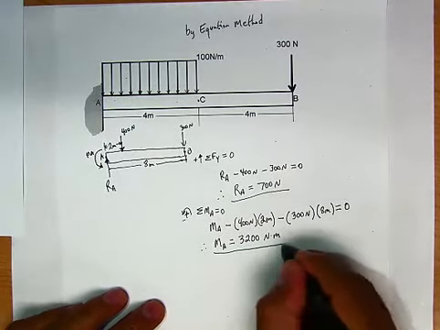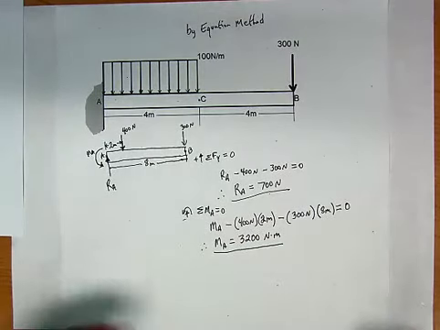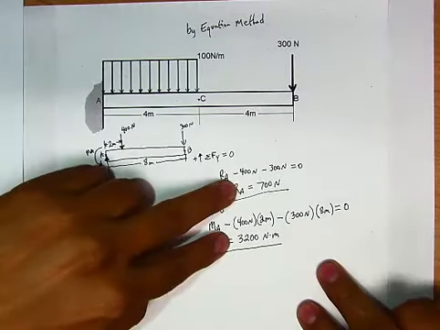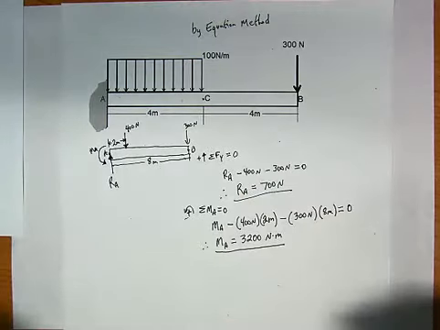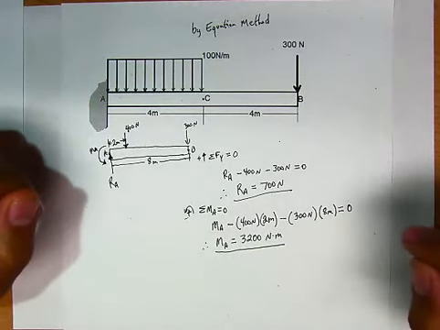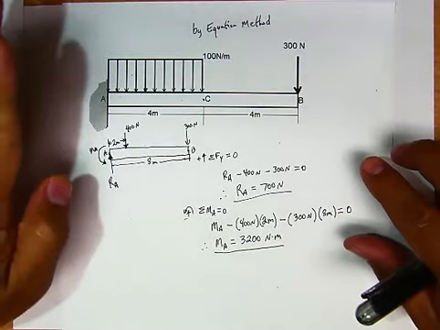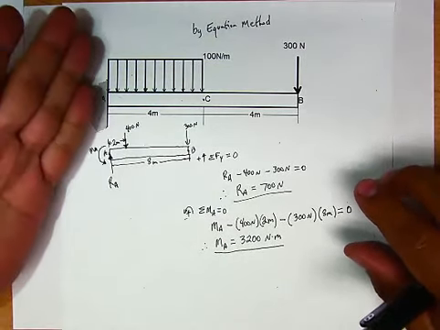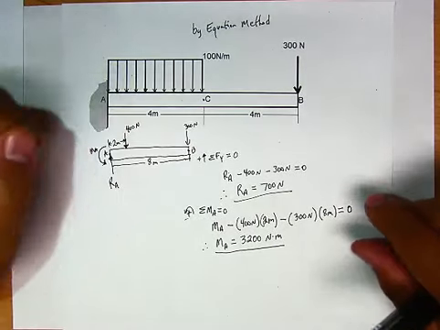These two are very important because from now on, every time we draw a free body diagram for the section that we're interested in, we have to always write down these two. So how many sections can this problem have? Remember that we always draw sections where we see changes in either external loadings or distributed loadings.